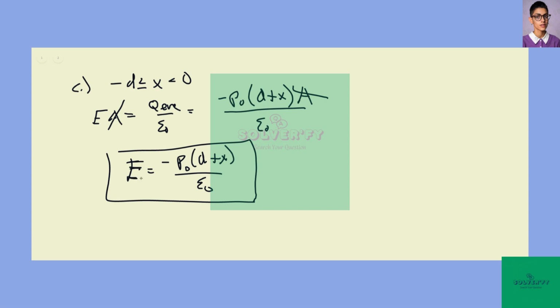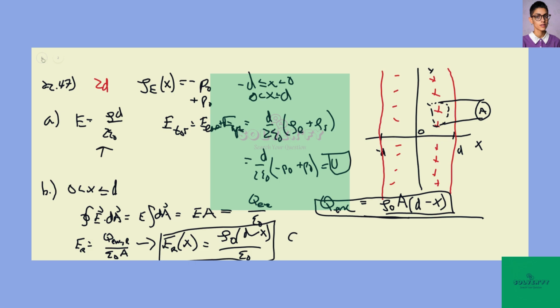Also, we know that this is in the left area, so this is pointing to the left, so we can rewrite this as a vector as negative rho naught times d plus x all over epsilon naught, and we know this is in the negative i direction. Awesome. So let's move back to part B because we didn't actually do the direction there. In part B, this was what our magnitude as a function of x is.